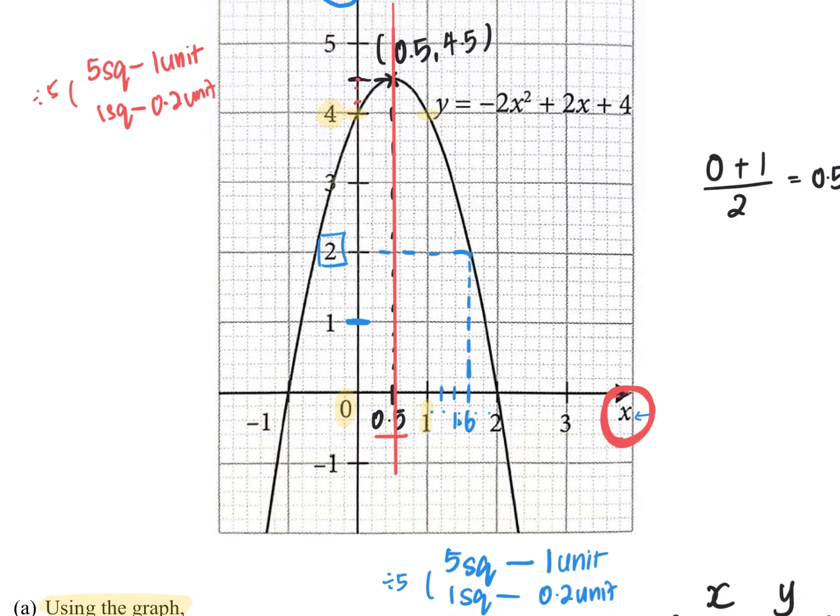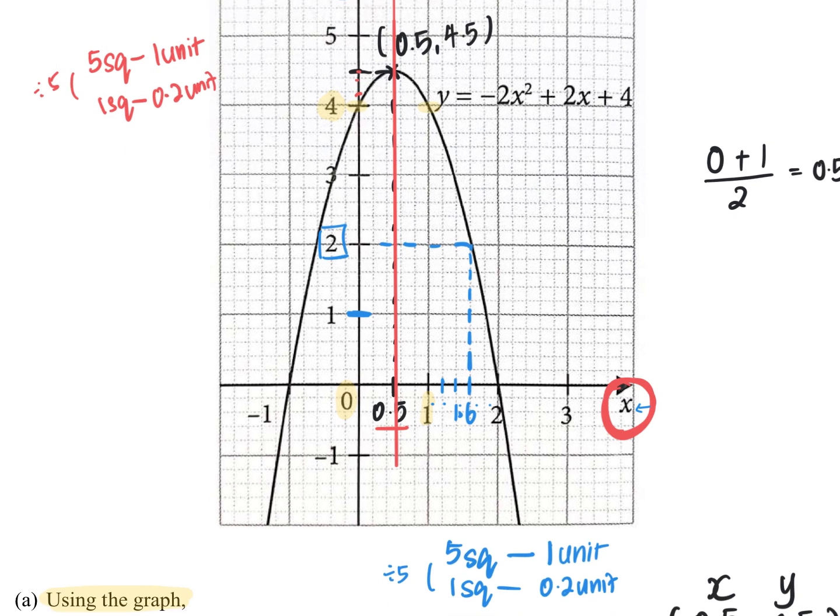Now, do I go to the left? Do I draw a line to the left, to the right, or whichever? In order to prevent careless mistakes, or that you might miss out another answer, you can draw one full line across. Look for the point of intersection.